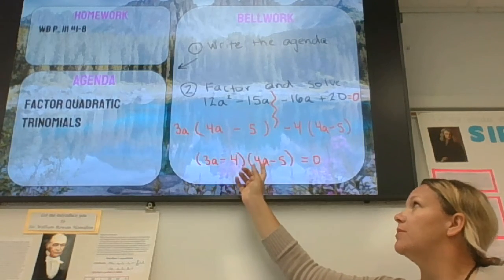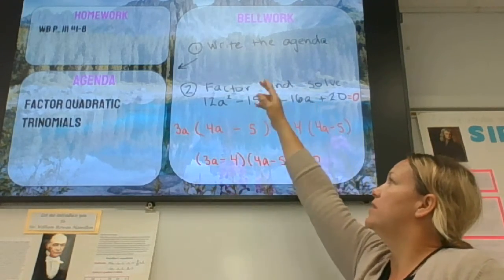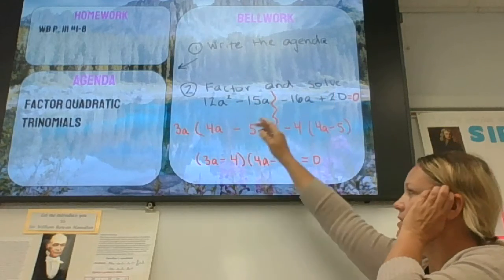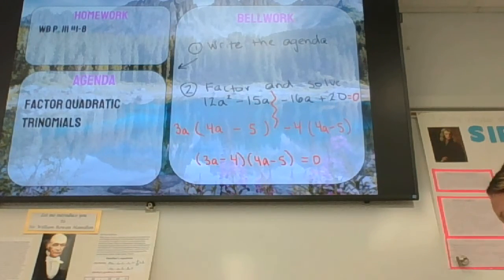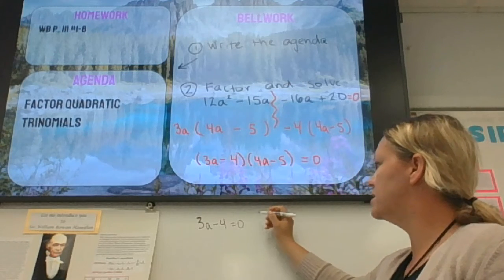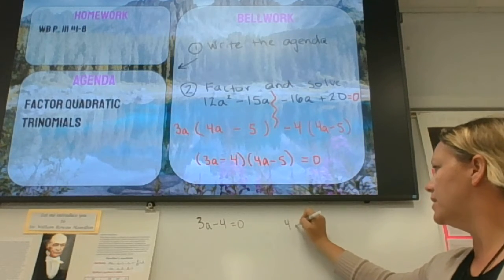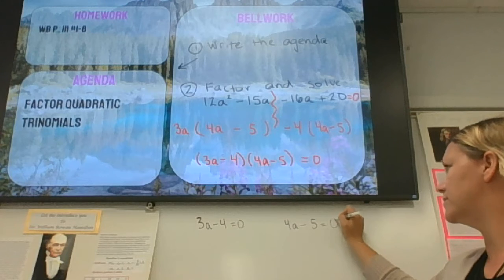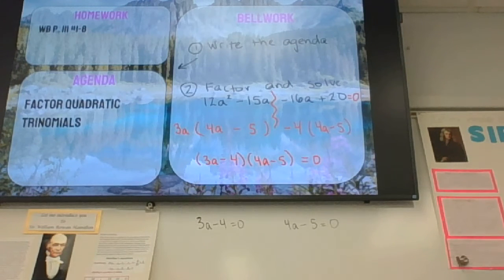So the zero product property says if we need to solve it, if the directions say factor and solve, that we're going to do the little mini equations. So I do 3A minus 4 equals 0, and 4A minus 5 equals 0. That's the last step of solving.